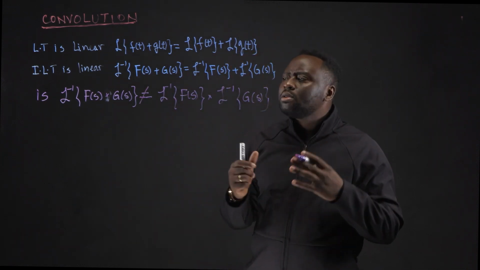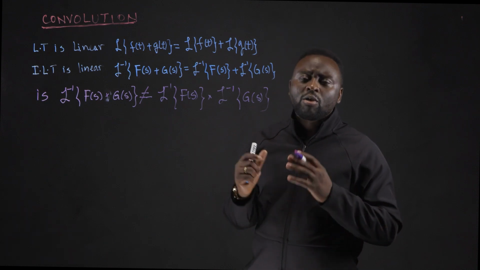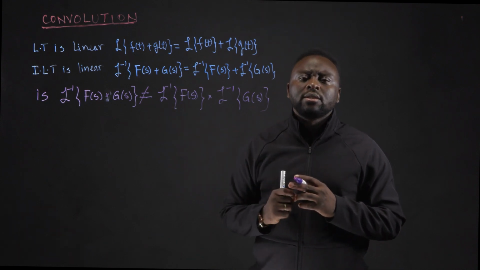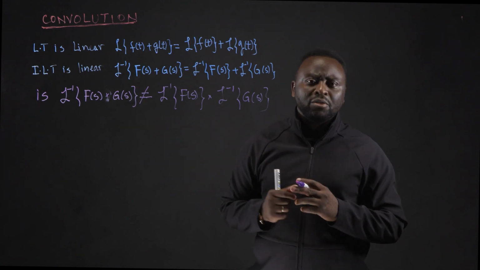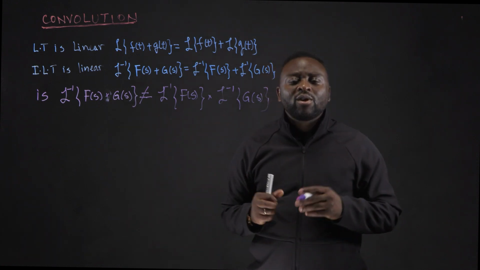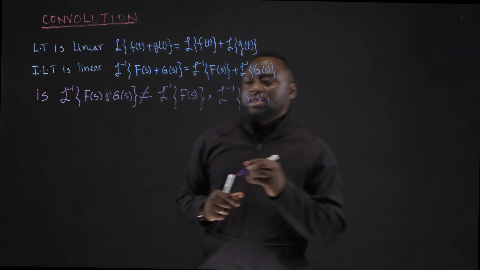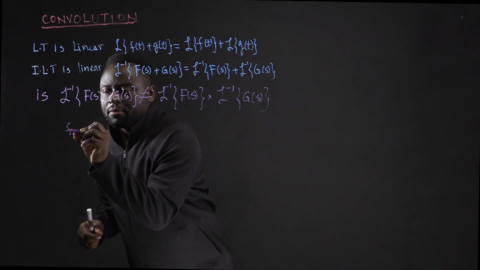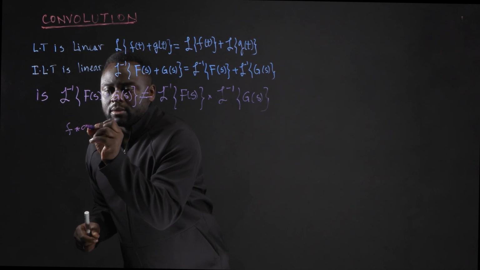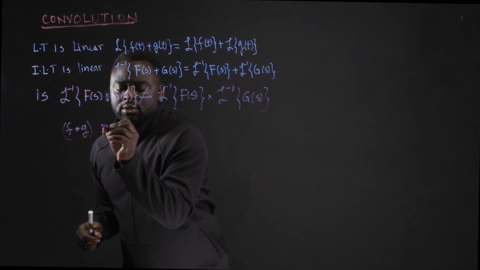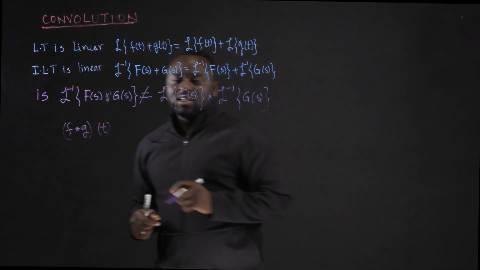But the good news is that there is a concept called convolution that deals with this type of product of two functions. By definition, the convolution of two functions f and g is denoted by f convolution g of t.